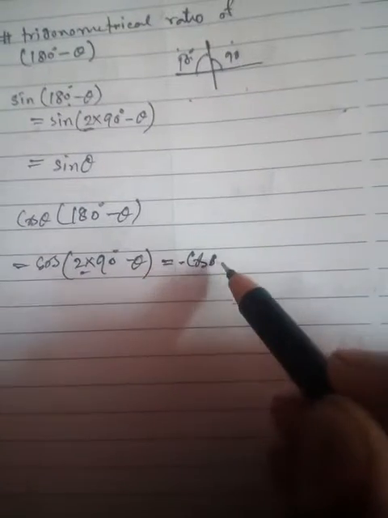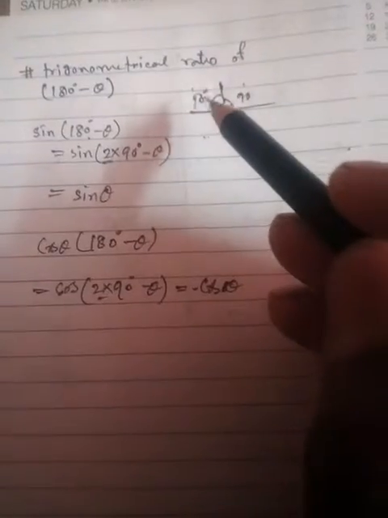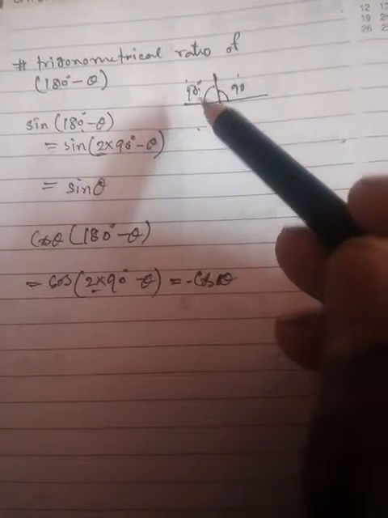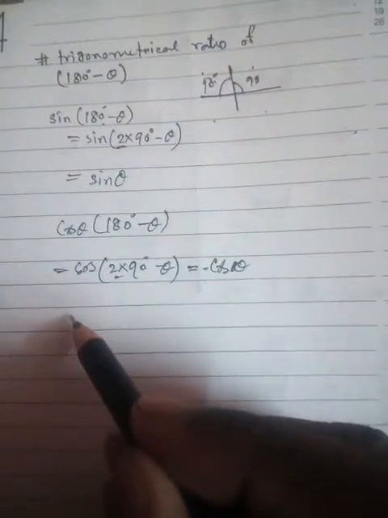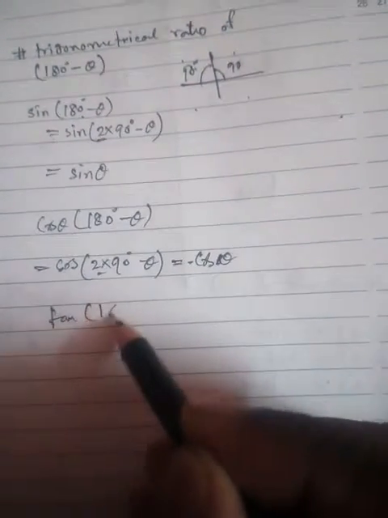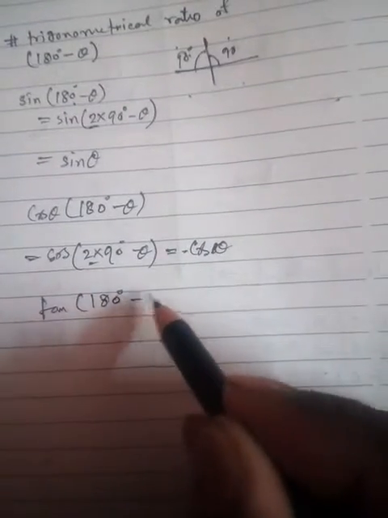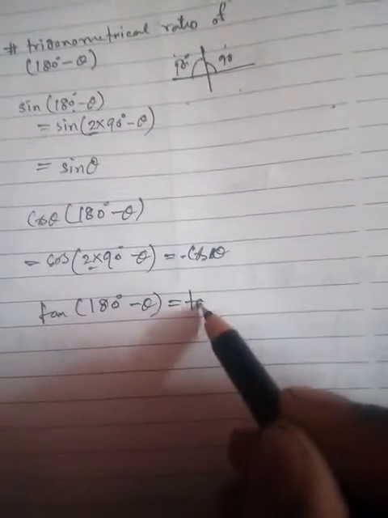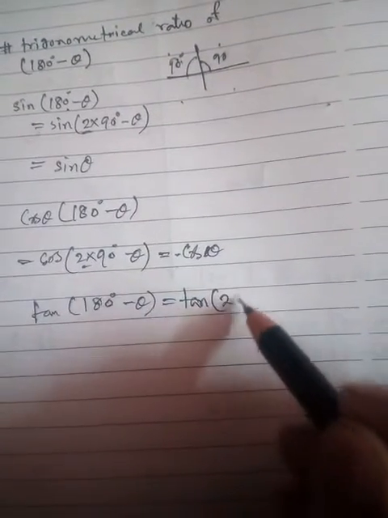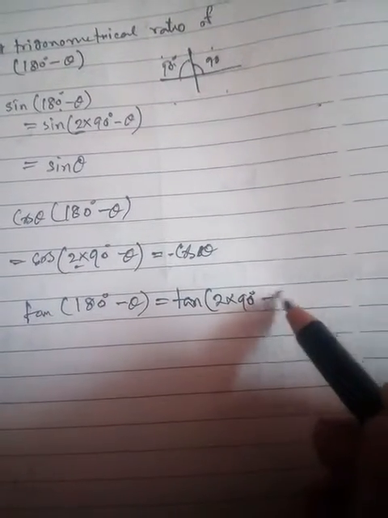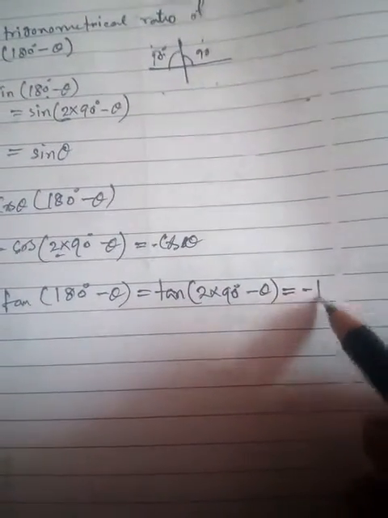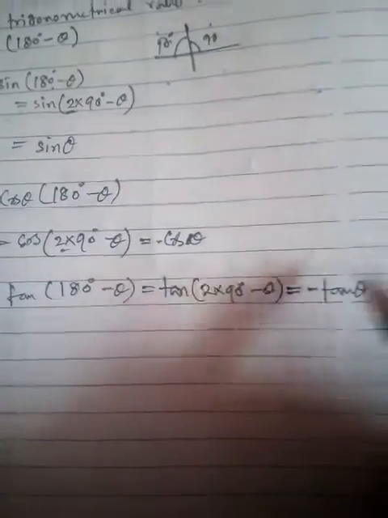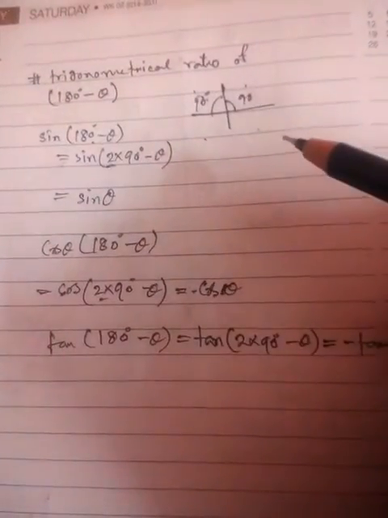In this case it will be minus cos theta, because it is in the second quadrant, where the value of cos theta is negative. Now tan 180 degree minus theta equals tan 2 into 90 degree minus theta, it will also be minus tan theta, because it is situated in the second quadrant.